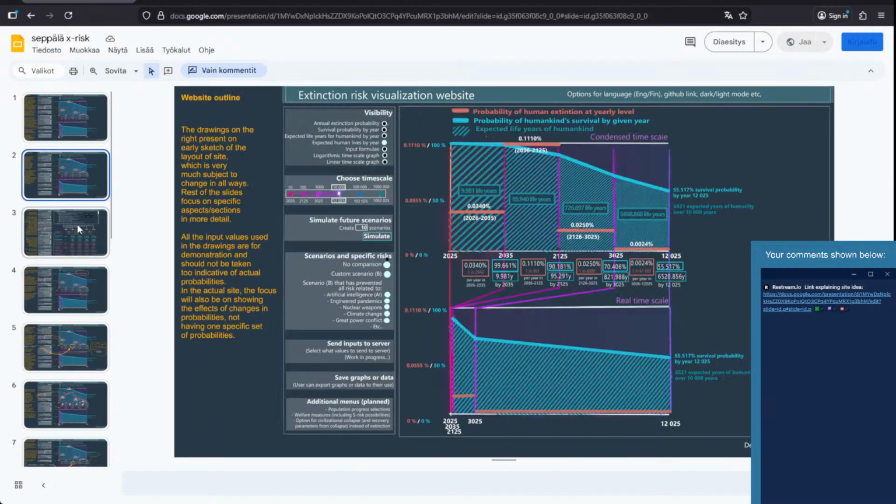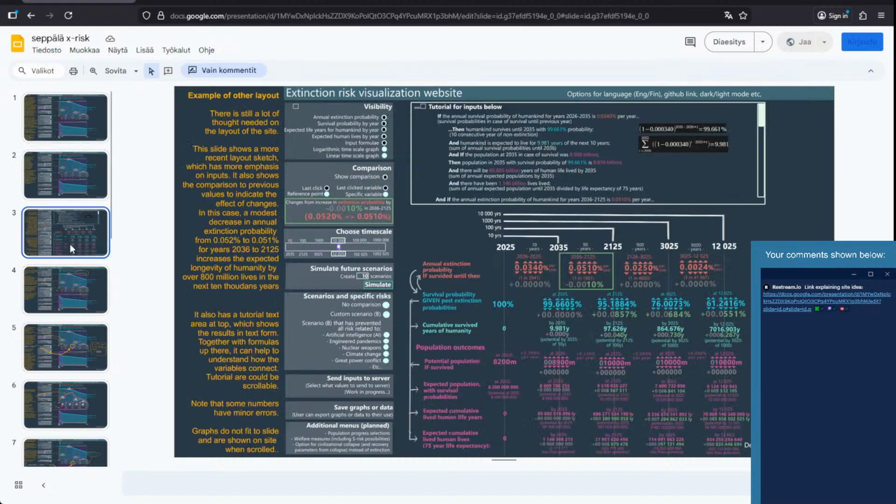The first layout structure focused quite heavily on this visual representation, and the next one is more on showing numbers and having access to menu inputs, and maybe being more explicit about the connections between these different inputs.